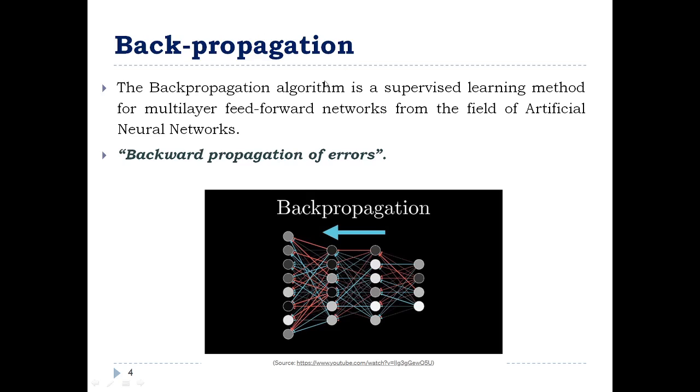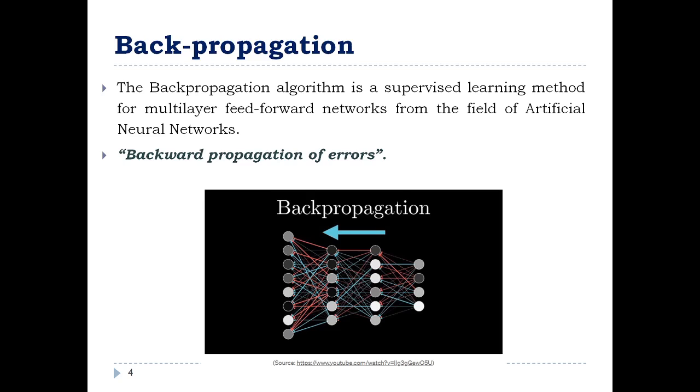So what is the back propagation algorithm? The back propagation algorithm is a supervised learning method for multi-layer feed forward networks from the field of artificial neural networks. It is the essence of neural network training.